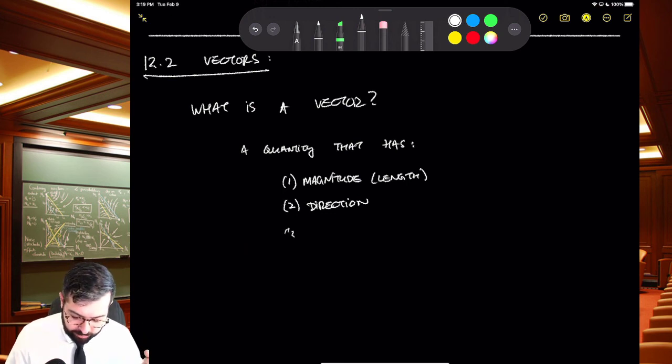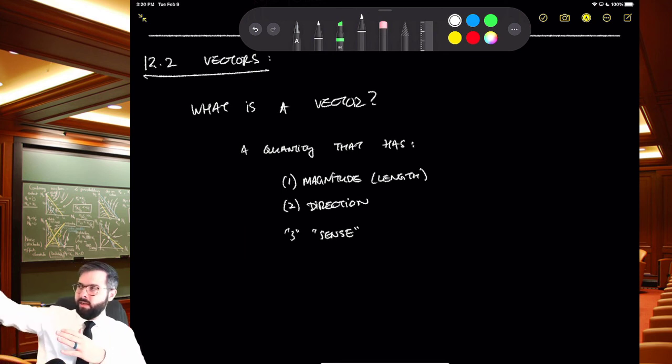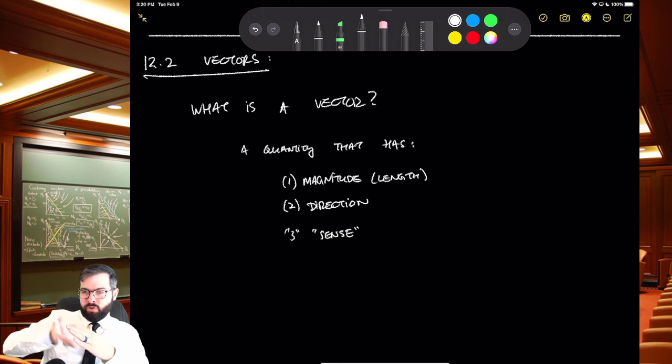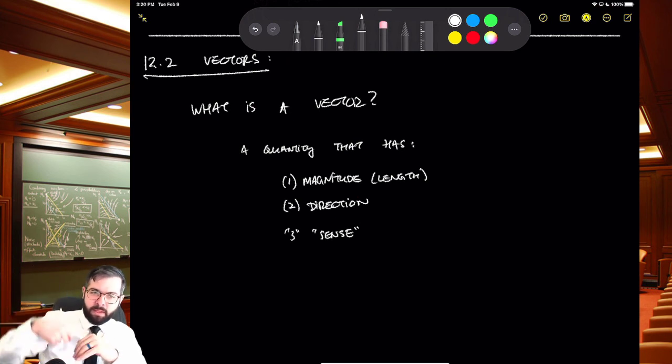There's also a third implied one that I like to include sometimes, which is a sense. A vector can have a direction, right? So I can be pulling an object in this direction, and that creates this slope or direction, but which way is the force going? The sense we would call where the arrow is pointing in this direction, whereas the opposite sense would be in the same direction, but following backwards on that line.